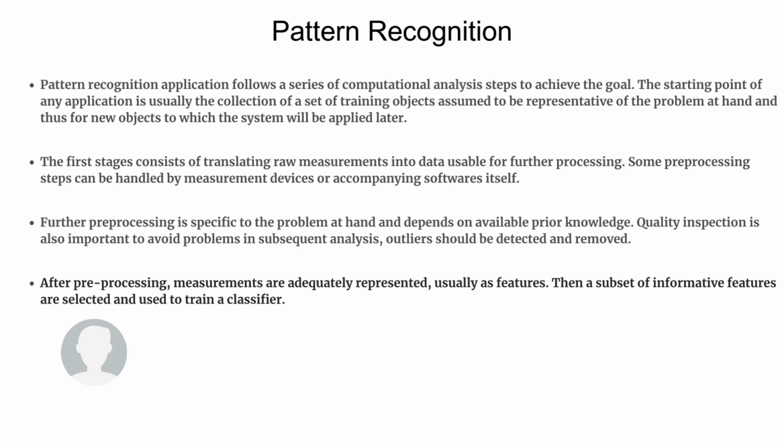Further pre-processing techniques depend on the problem and on available prior knowledge. In case of sequencing data, quality inspection is also important to avoid problems in subsequent analysis, and also outliers should be detected and removed. After pre-processing, measurements are adequately represented, usually as features or feature vectors. Then a subset of informative features are selected, which are used to train a classifier.